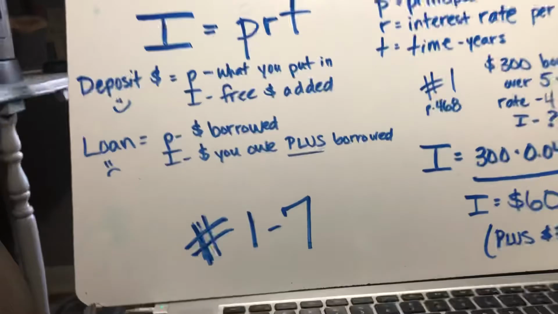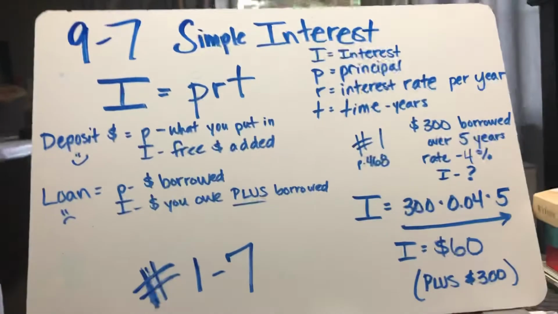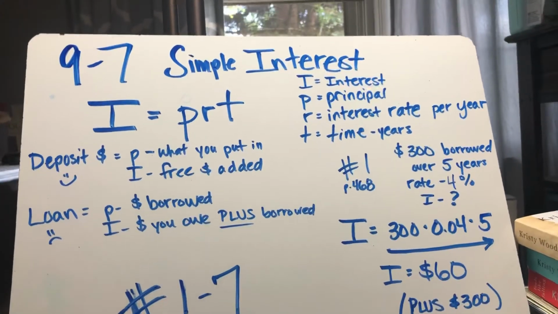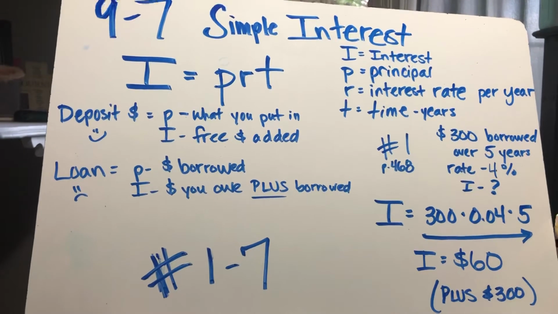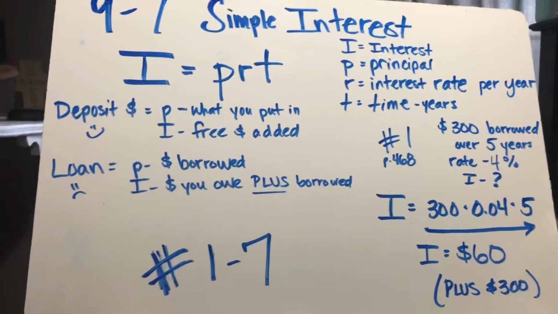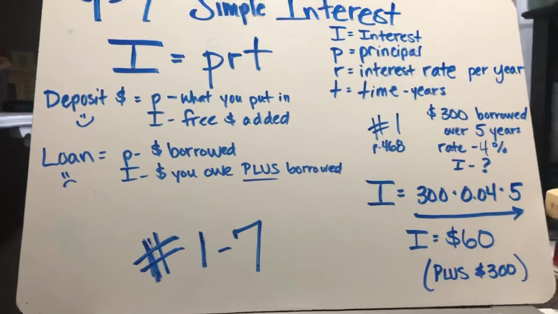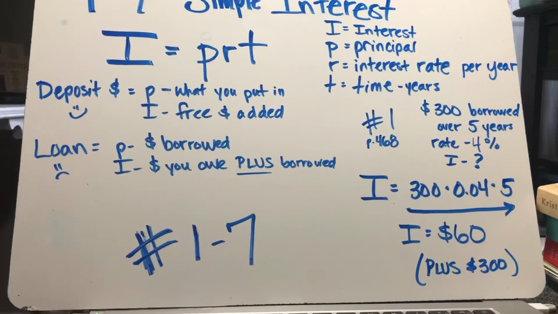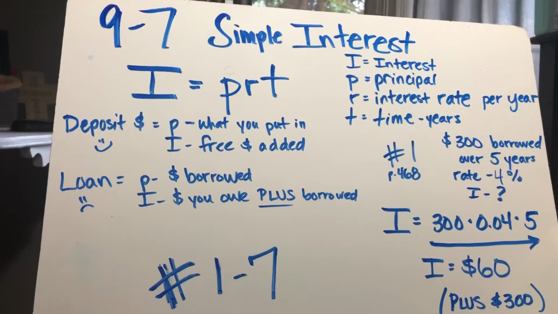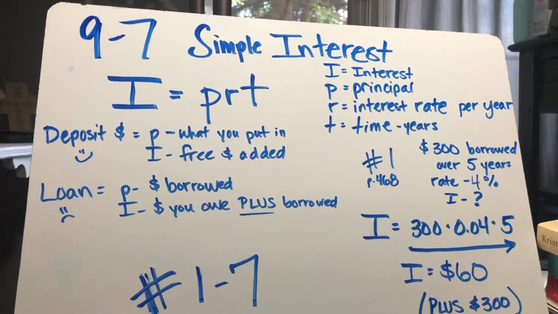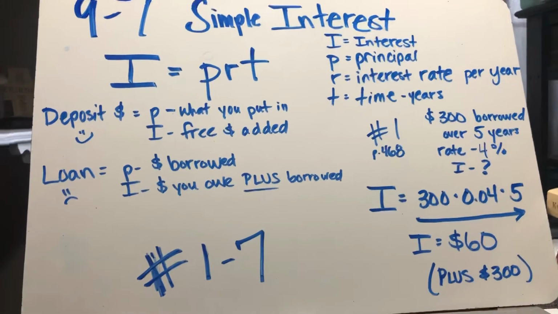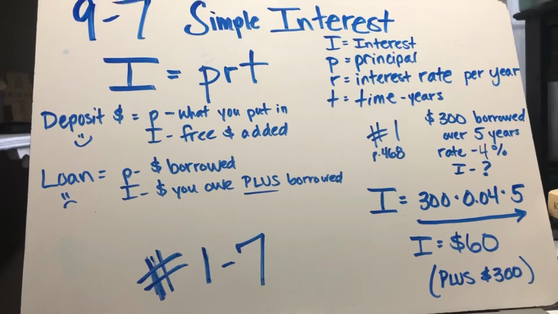So I'm going to have you do practice 9-7. We're going to do half today and half tomorrow. I want you to do 1 through 7 today about the simple interest. Now the tricky part, and I want you to look at this, so put me on pause, go get 9-7: the first 3 are 15 problems. What?